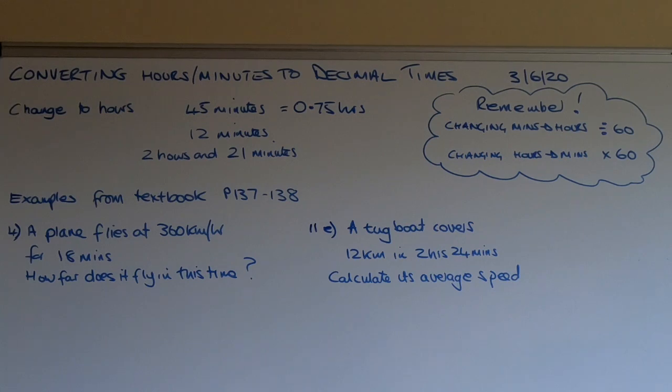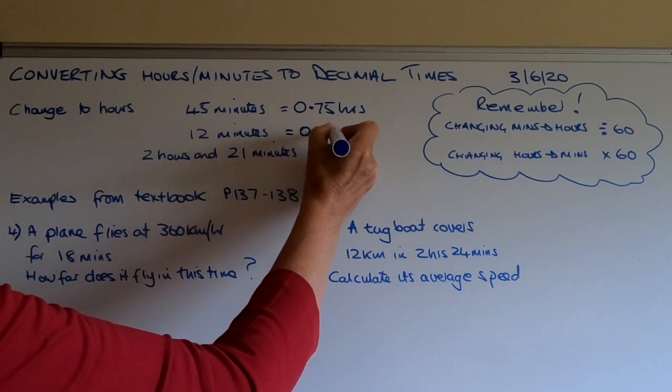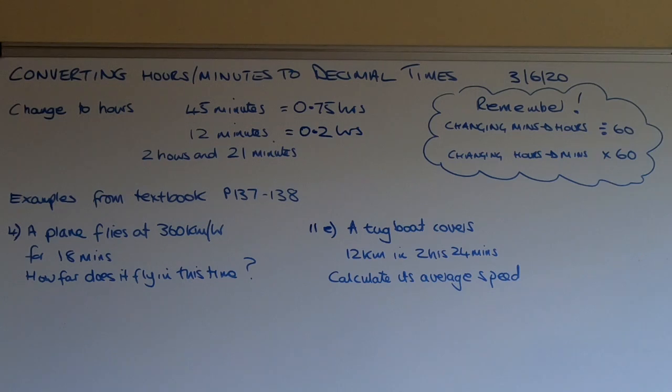12 minutes, the same story. To change 12 minutes into hours, that would be 12 divided by 60 is equal to 0.2. Again, less than 1 whole hour, 0.2 hours. Now the next one, 2 hours and 21 minutes.